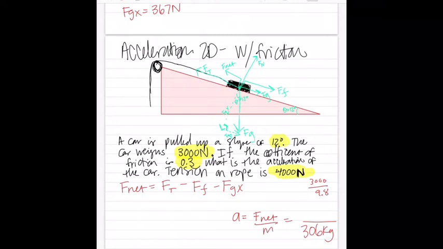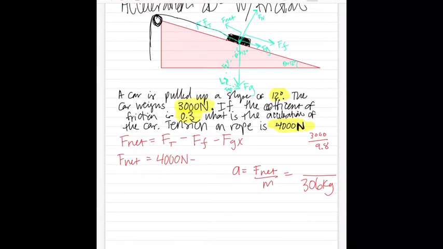So we already have F net is equal to tension force, which is 4,000 newtons, minus, we need to find frictional force, and we need to find Fg of x. Okay, we can do that. All right, so Fg of x is easy. Fg of x is mg sine of theta. So Fg of x is going to be mass times gravity. Now, this 3,000 number here is already our weight.